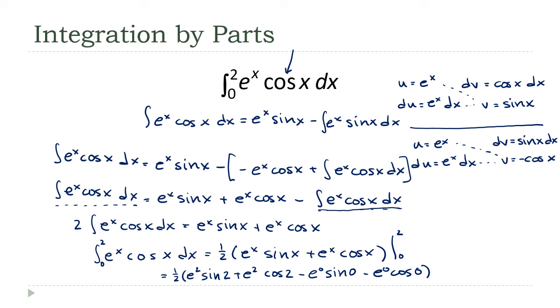Okay, sine of 0 is just 0, so this part goes away. Cosine of 0 is 1, so this whole thing is a very weird number. 1/2 times e squared sine of 2 plus e squared cosine of 2 minus 1, right? E to the 0 is also 1, so that whole term is 1.